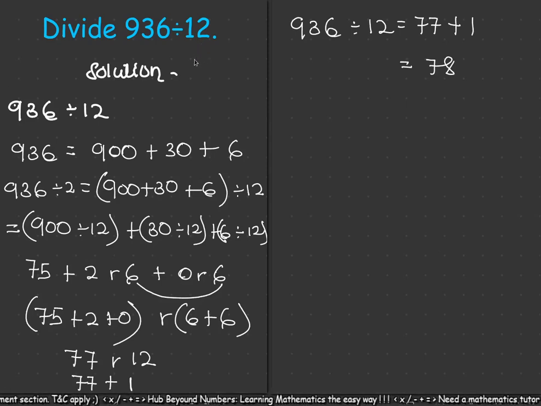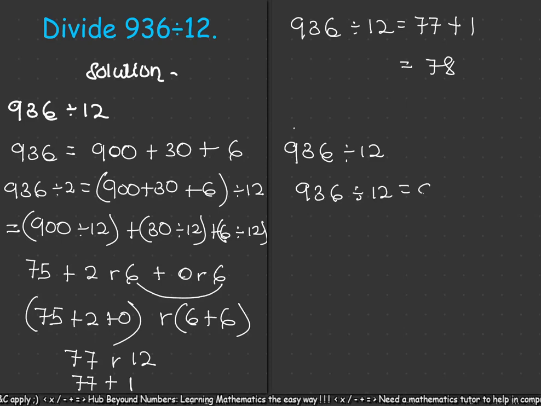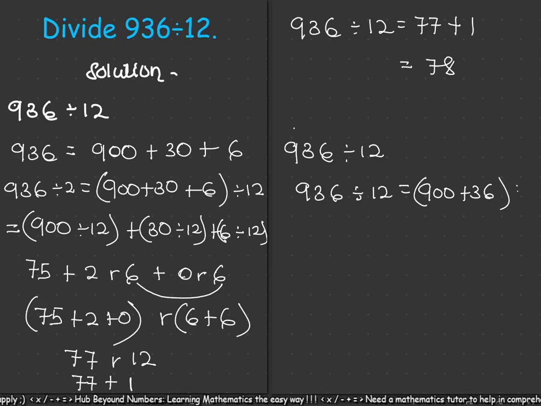So this is it for this particular question. Now, as your first trial, try working it by expanding 936 as 900 plus 36, and then divided by 12, and let me know what your final answer is going to be.